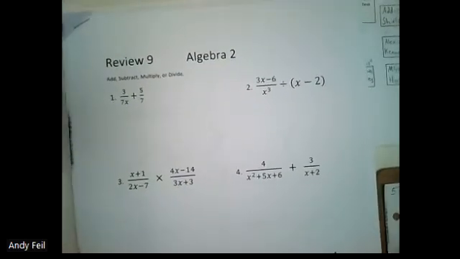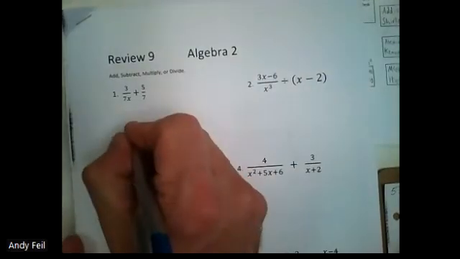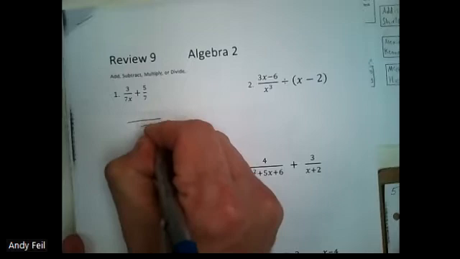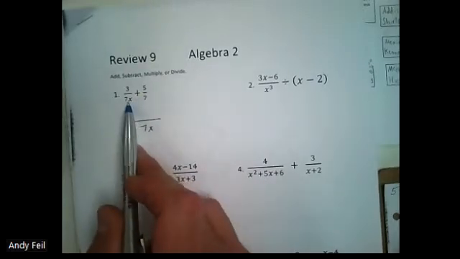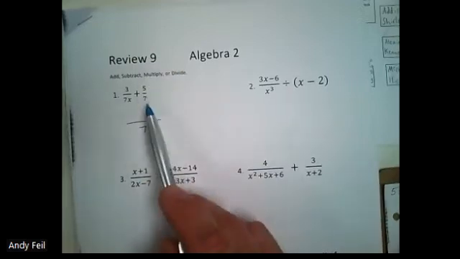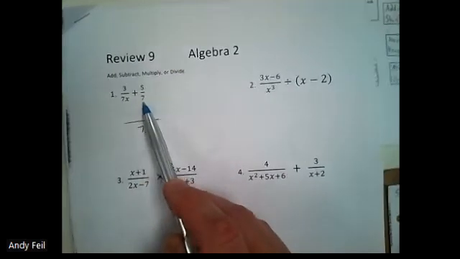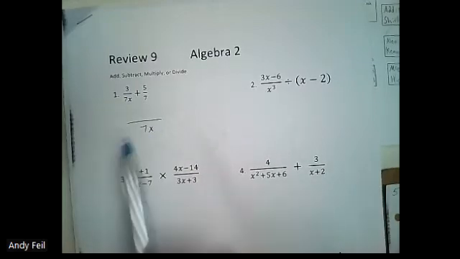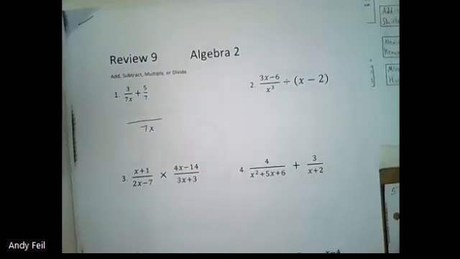Add and subtract. Here we go. Tell me what the common denominator is. 7x. Take everything from the first fraction and write that in for the denominator, and then only put things in from the second fraction that aren't already in there. Is the 7 already in there? Yes. Therefore, your common denominator is ready to go.